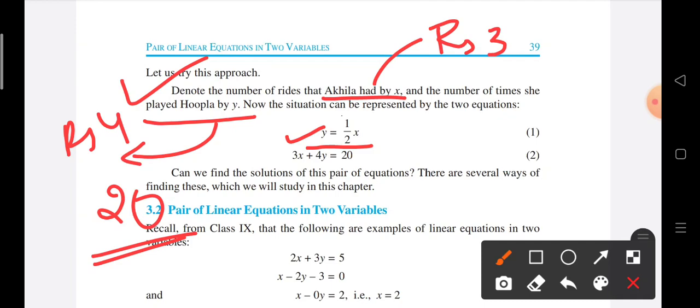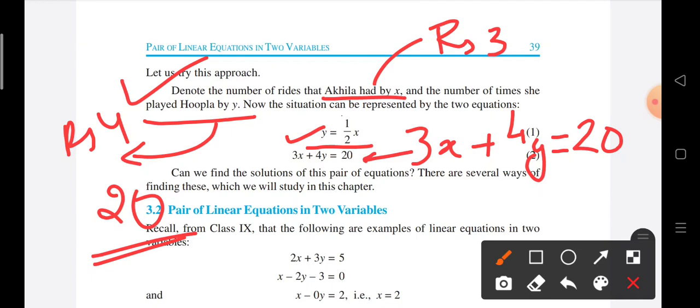So if she had x rides, that means 3 into x rupees is spent on the giant wheel ride, and if she had y hopla games, then 4 into y is the money spent on the hopla game. So the total money spent is 20 rupees. So this is your second equation.